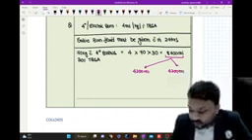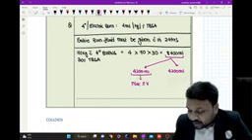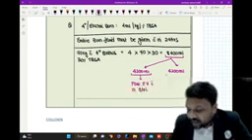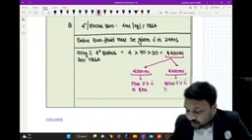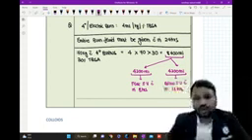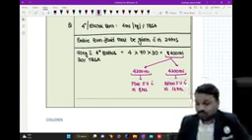Now, the first half of 4,200 ml has to be given as a fast IV within 8 hours, right? So within 8 hours, you have to finish the 4,200 ml, and the next one has to be given as slow IV within the next 16 hours. So within 24 hours, you should be able to finish the entire burn fluid that is given.